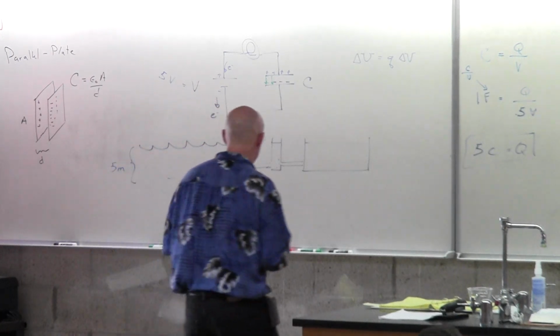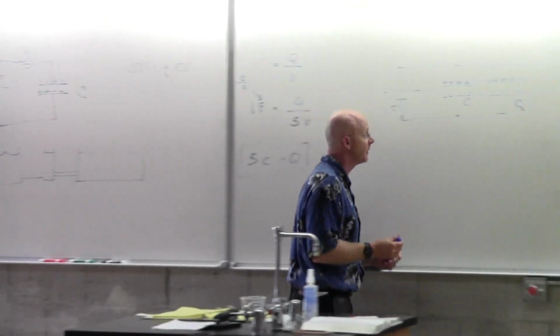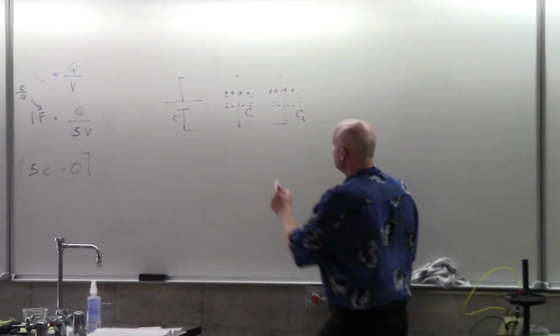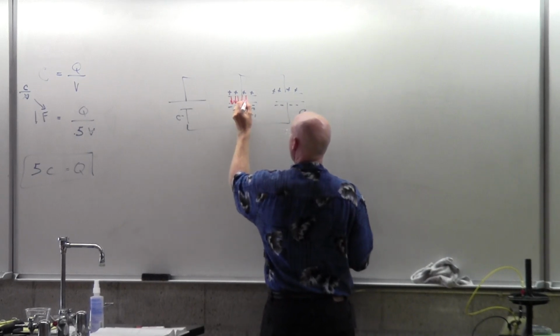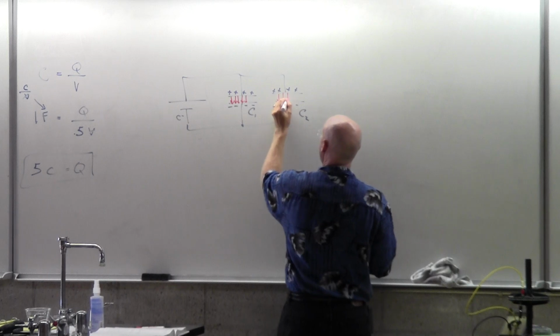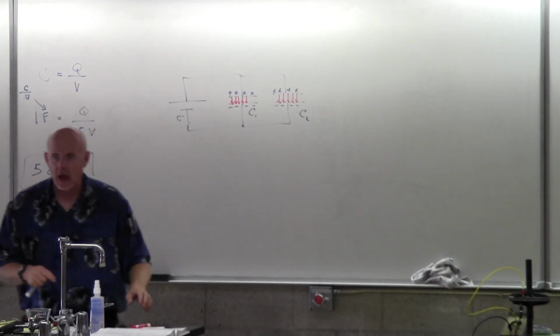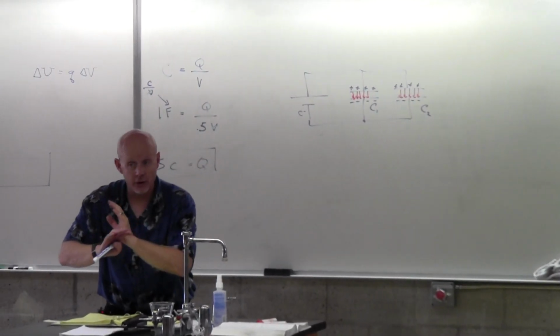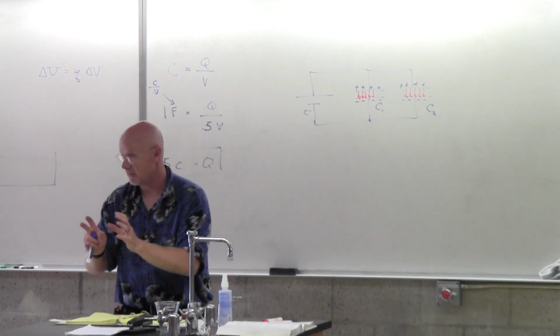What stops them from going on to the plate back here was the strength of the electric field. And so if I draw the electric field in here, electrons will keep piling on in such a manner that not necessarily are their charges on the plates the same, but their voltages on the plates are the same.